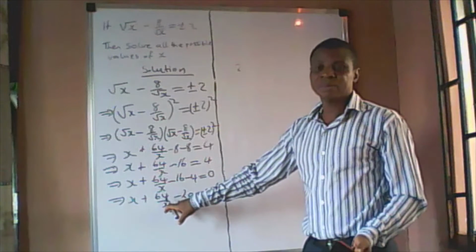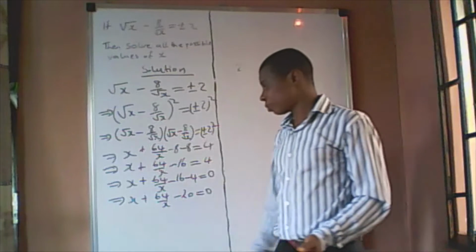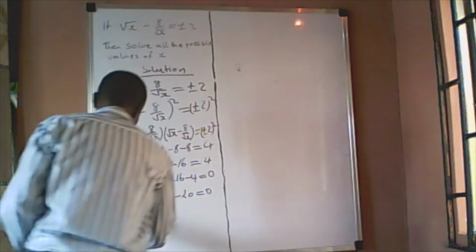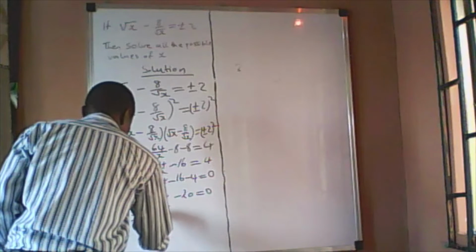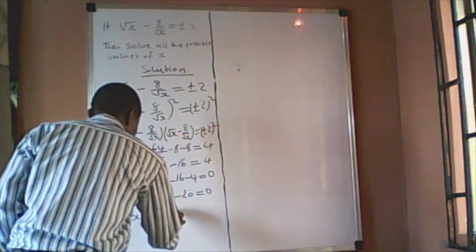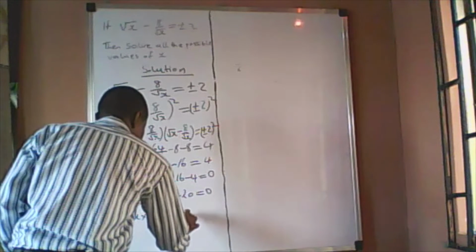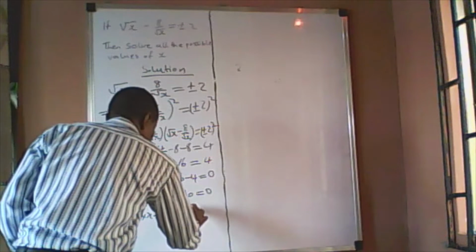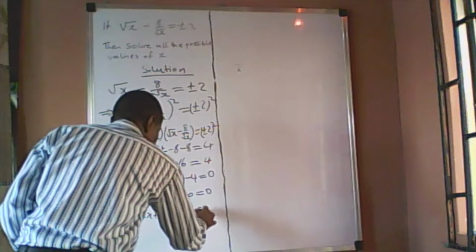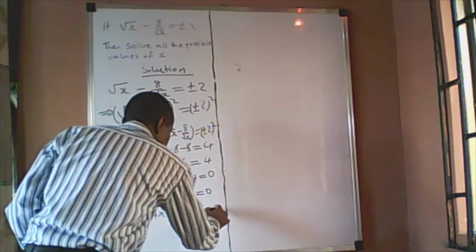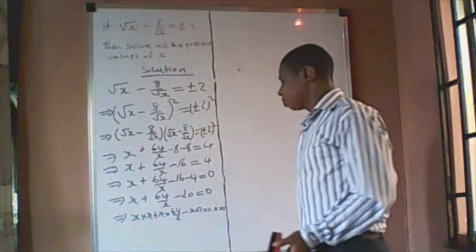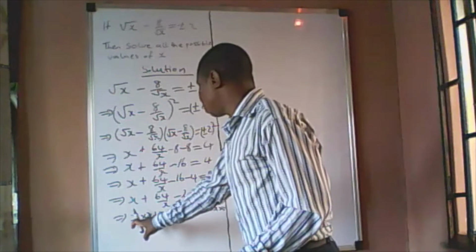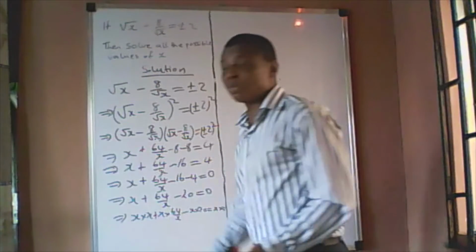Now let us eliminate the denominator by multiplying all the terms in this equation by x. x times x plus x times 64 over x minus x times 20 equal to x times 0. Here we have x times x will give us x squared.